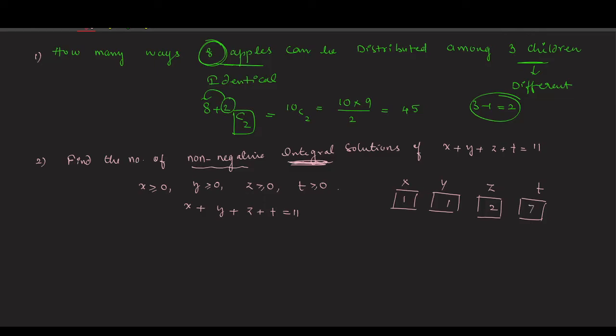Can you see, x value 1, y value 1, z value 2, t value 7 is nothing but a distribution of this 11. You can suppose this distribution of 11 identical objects into 4 boxes, 1 1 2 7, or 0 0 1 10, or maybe 0 5 4 2. This is also one way of arrangement, right? One way of distribution. So what is the question indirectly? How many ways you can arrange 11 identical objects into 4 different boxes.